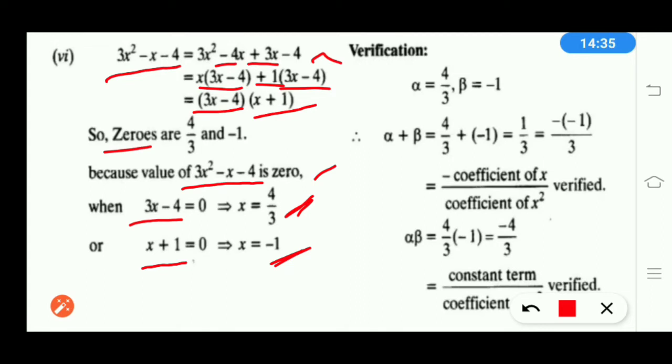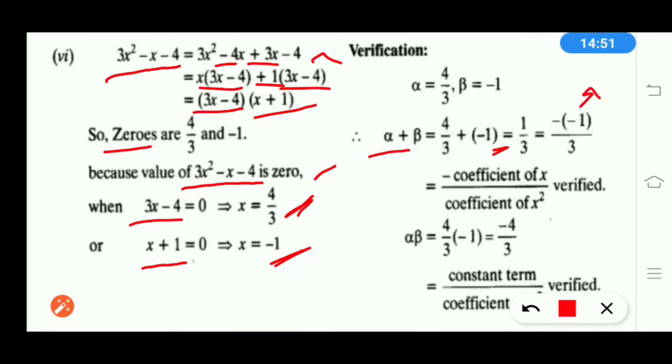So here let alpha equal 4 by 3 and beta equal minus 1. So alpha plus beta equals 1 by 3. Okay, 1 by 3 can be written as minus of minus 1 divided by 3.